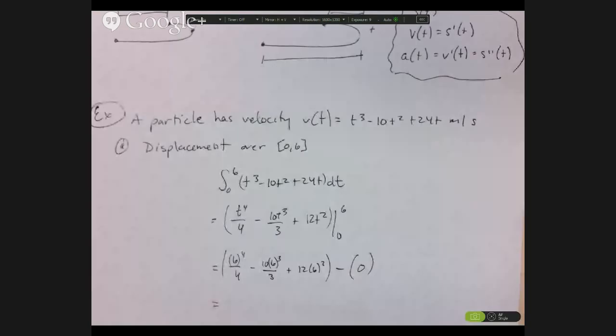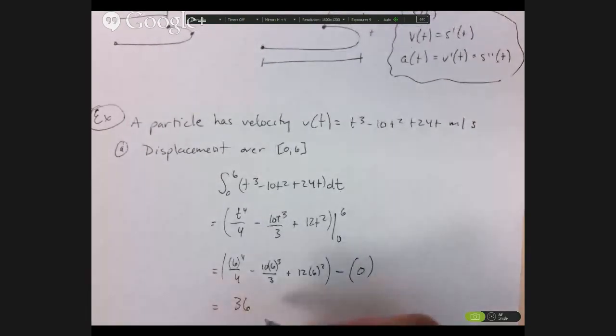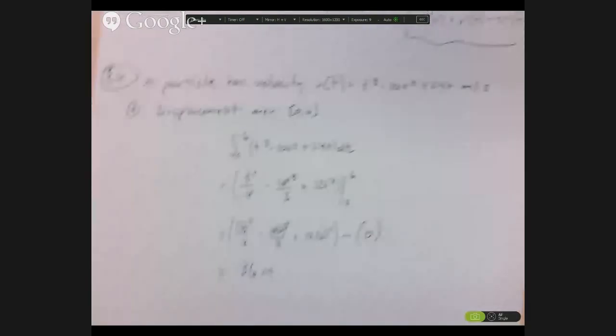What do we get? 24 t squared over 2, so it's 12 t squared. 36 meters.